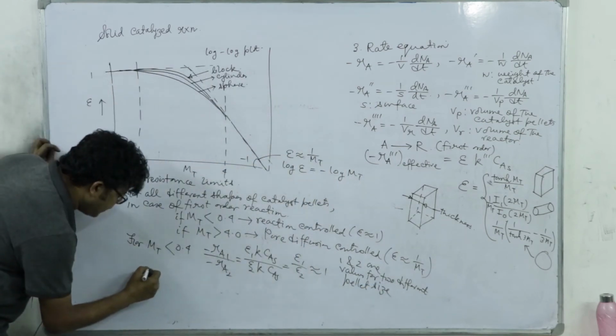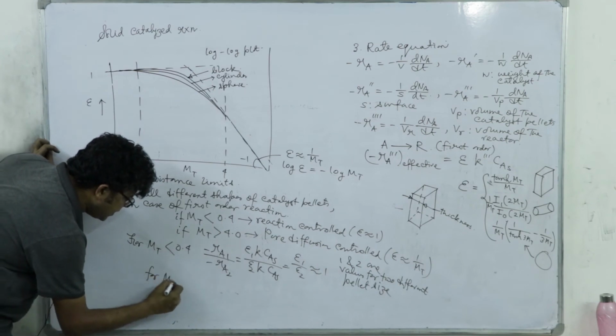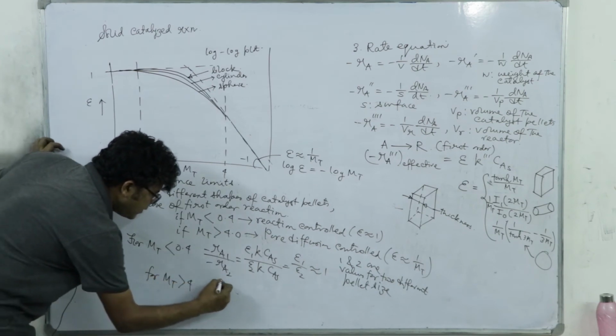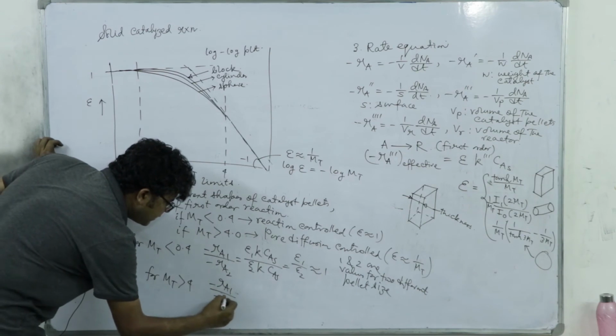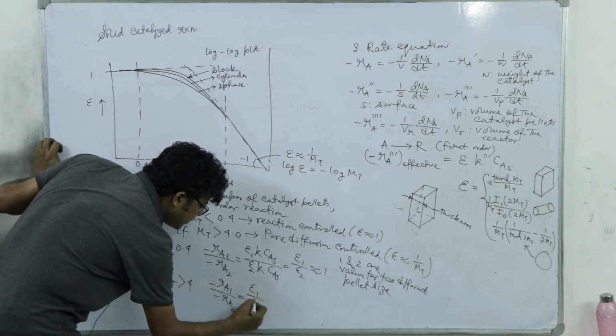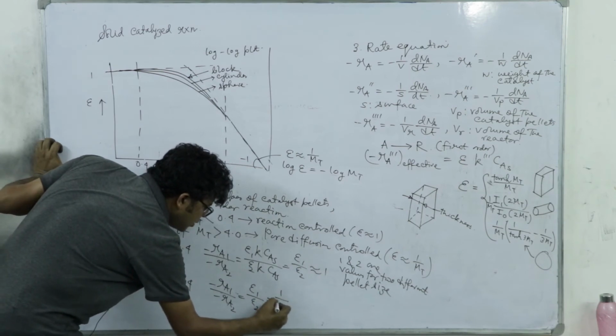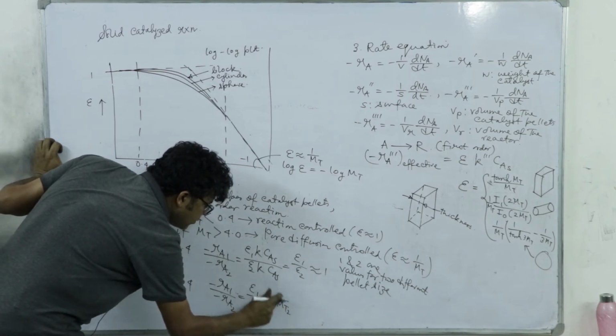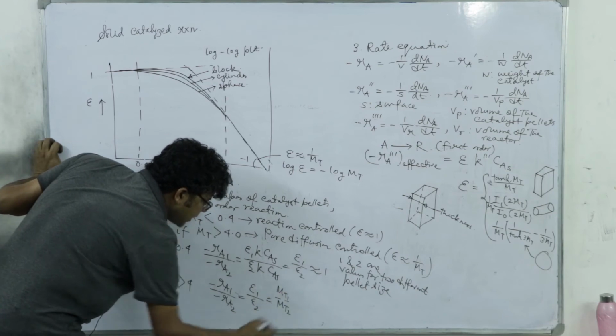However, for mt greater than 4, minus Ra1 by minus Ra2 is equal to epsilon1 by epsilon2, which is 1 by mt2 by mt1.